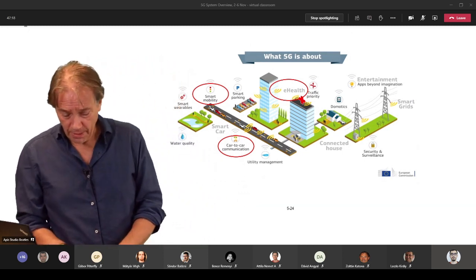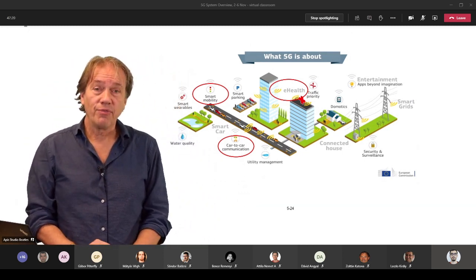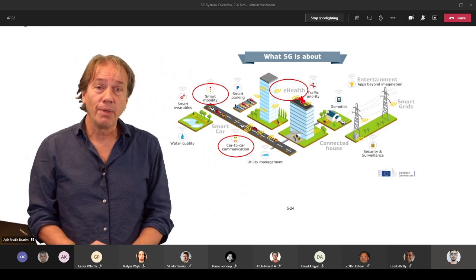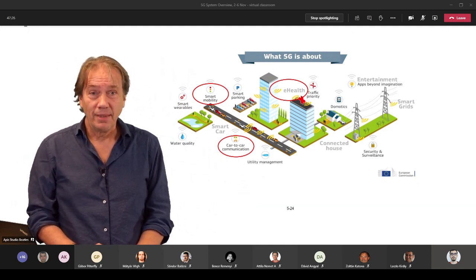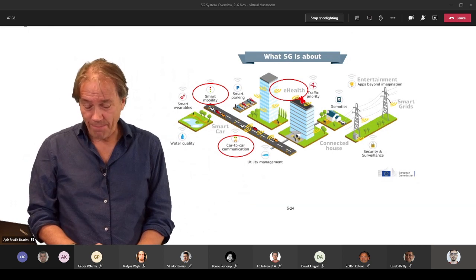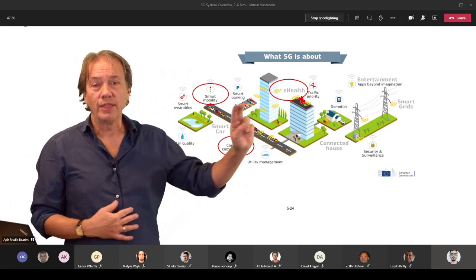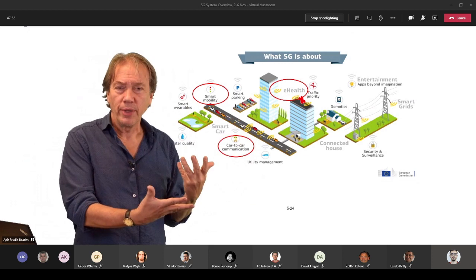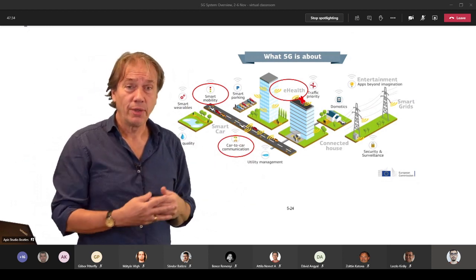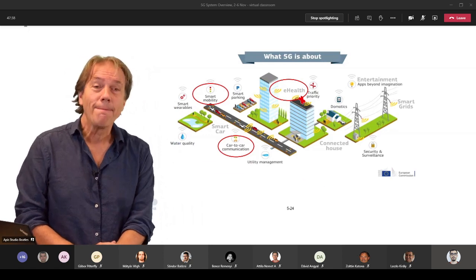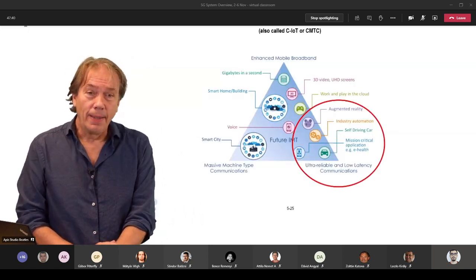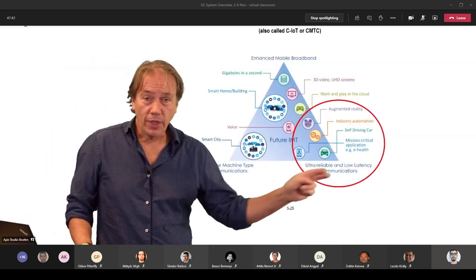I don't know if I would be too happy about that if it was my brain. But so I think some of these remote surgery use cases are a bit futuristic, to be honest with you. Yeah. You get the picture.